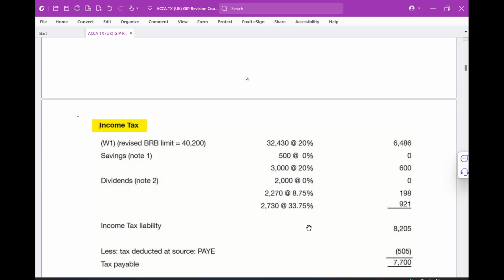I think the problem for students is that there's lots of fiddliness here. There's different rates, there's bands, there's a variety of different things. So if you find yourself making mistakes in every question, don't worry about that. This is totally normal. There is a lot of work to do here.